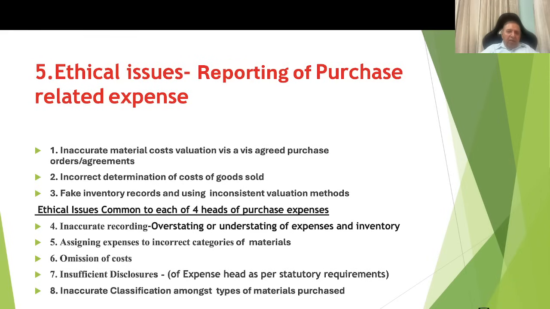Now, common ethical issues to each of these 4 heads of purchase expenses are inaccurate recording, overstating or understating of the expenses as well as inventory, and assigning expenses to incorrect categories of the materials. As I've shared, there are 4 different types of materials, within that there are hundreds of different subcategories, so assigning of expenses to incorrect categories, omission of cost, insufficient disclosures vis-a-vis the statutory requirement, and inaccurate classification amongst the different types of materials purchased.